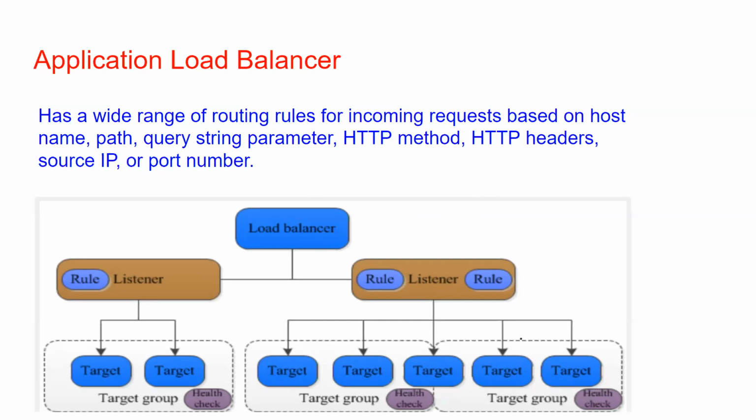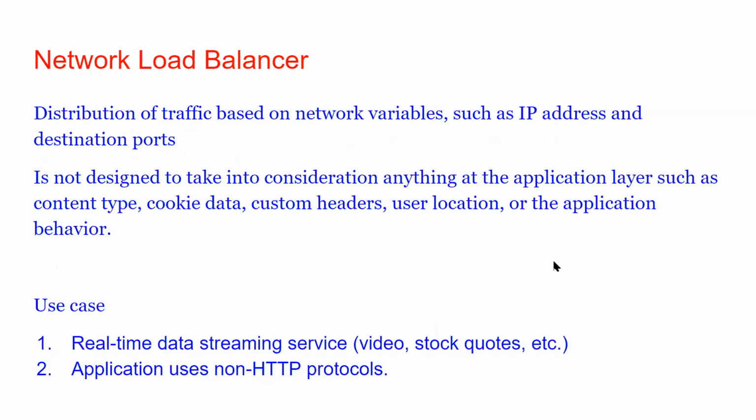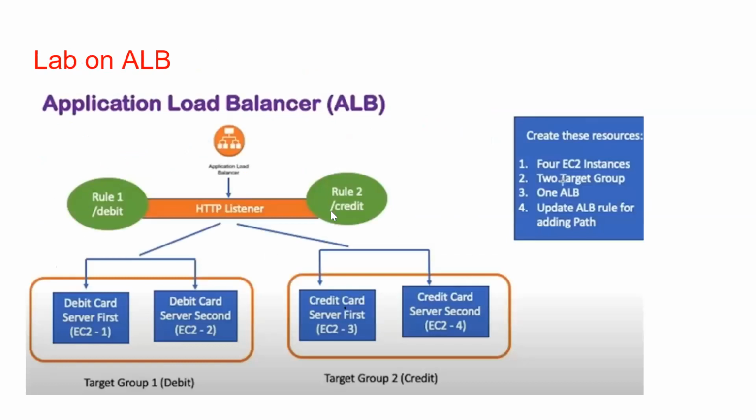We had set up a path parameter. If the URL contains credit, then my target server is going to be here. When the path contains credit, we send the traffic to this target group, and if the path contains debit, we send the traffic to the debit card target group.